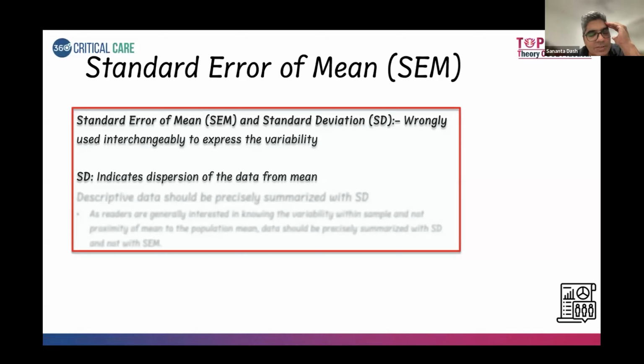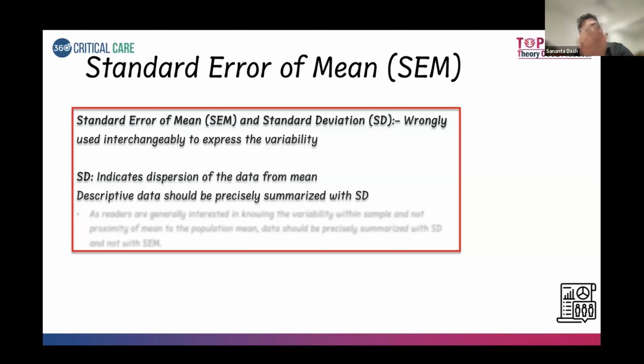But if you divide the whole population into 10, 12, 15 or 100 smaller groups, get the mean of each group, plot the means into a curve and calculate the standard deviation of the means of different groups, then it is called the standard error of mean.